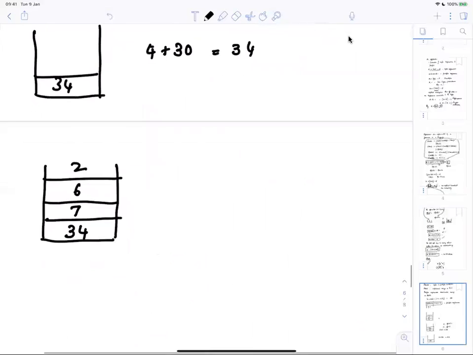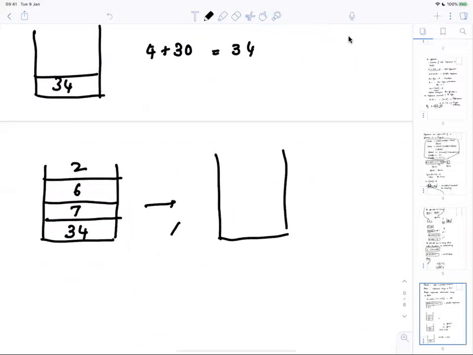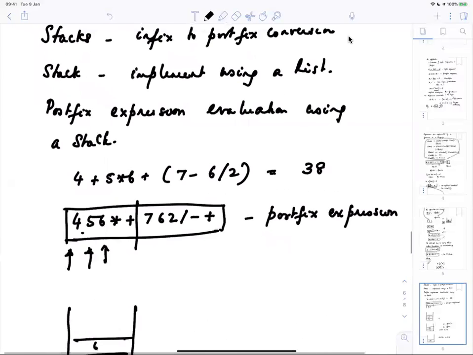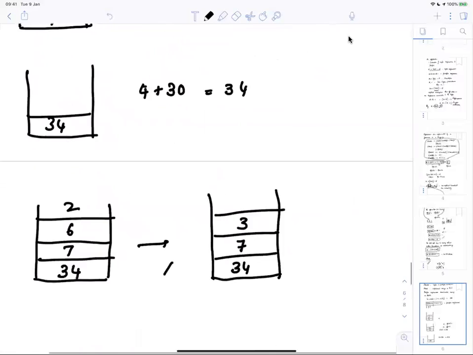Then I divide 6 by 2. So now the stack has 34, 7, and 3. Now after this, what do I see? I see a minus.